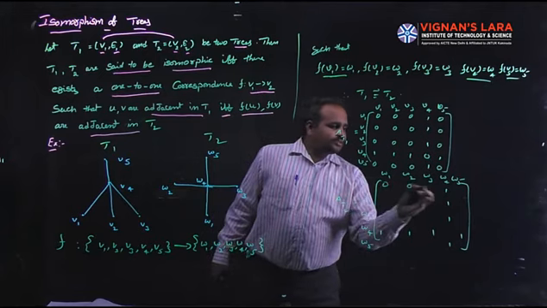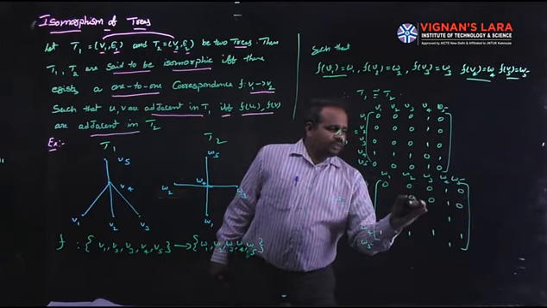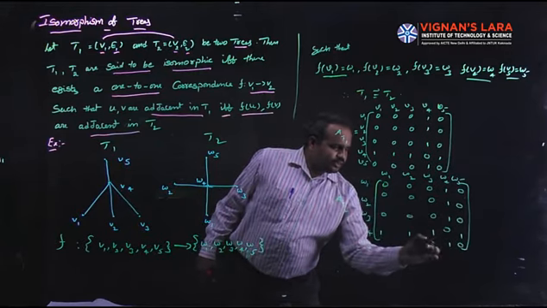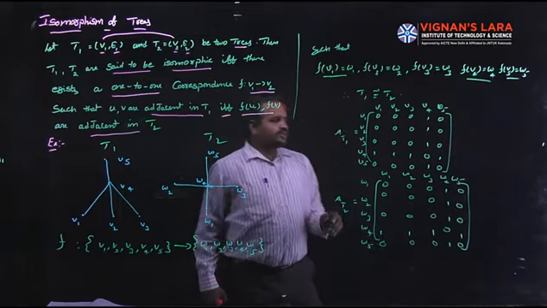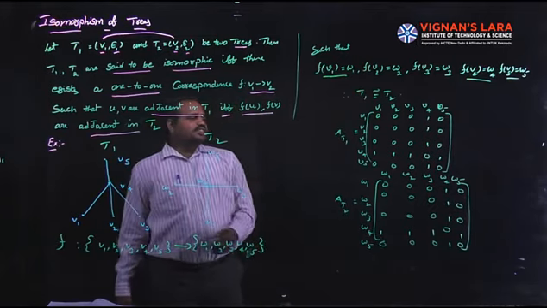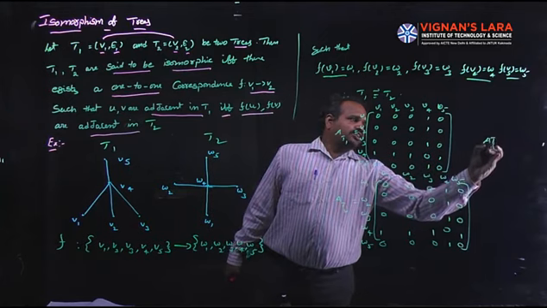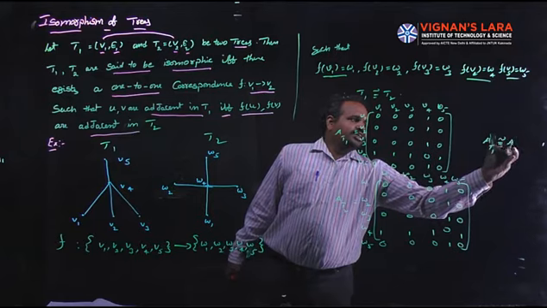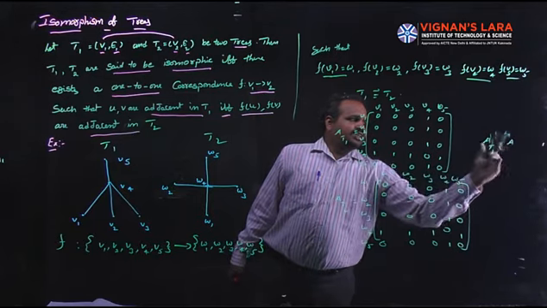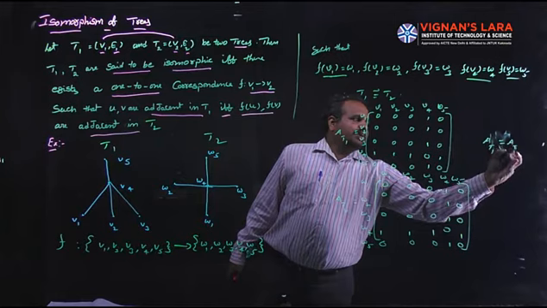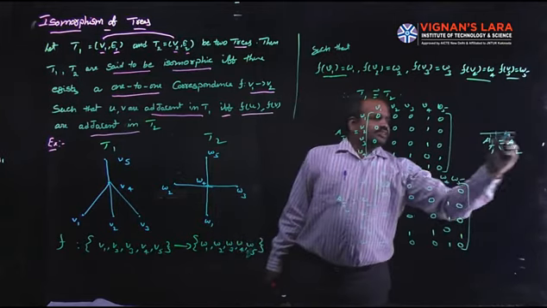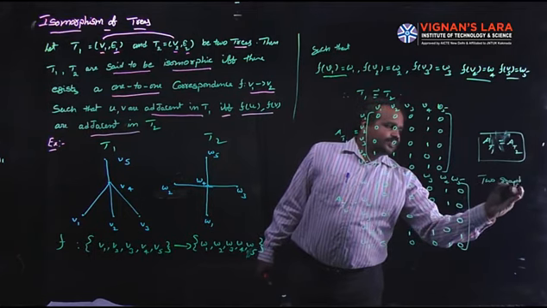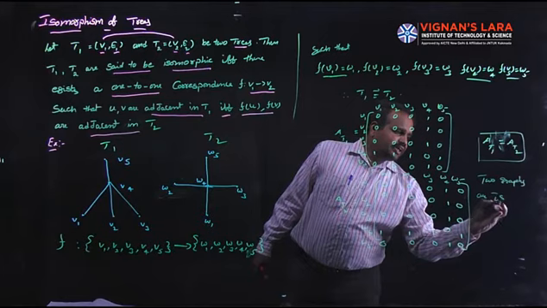The remaining entries are all zeros, because there is no edge between those vertices. So if you observe those two, the adjacency matrix of T1 is equal to the adjacency matrix of T2. That means the two graphs are isomorphic.